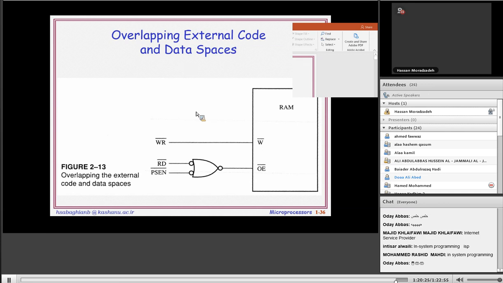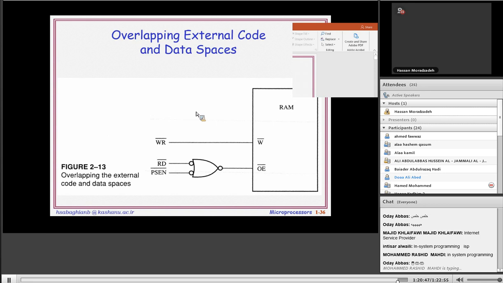When the ISP protocol wasn't available, you could use this architecture. But today we have ISP, and there's no need for this item. This file is for previous years.